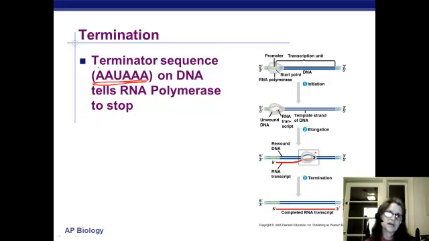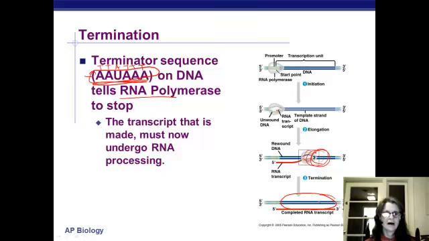Obviously, if it's on the DNA, then it would be the complement on the DNA, but you will see this on the RNA. That's the terminating sequence, and that will tell RNA polymerase, hey, you've gotten to the end. So let's say the terminating sequence is somewhere right in here, and that would tell us to stop, and we don't need to transcribe any more of this DNA molecule. We've got the part we needed. It was right there.